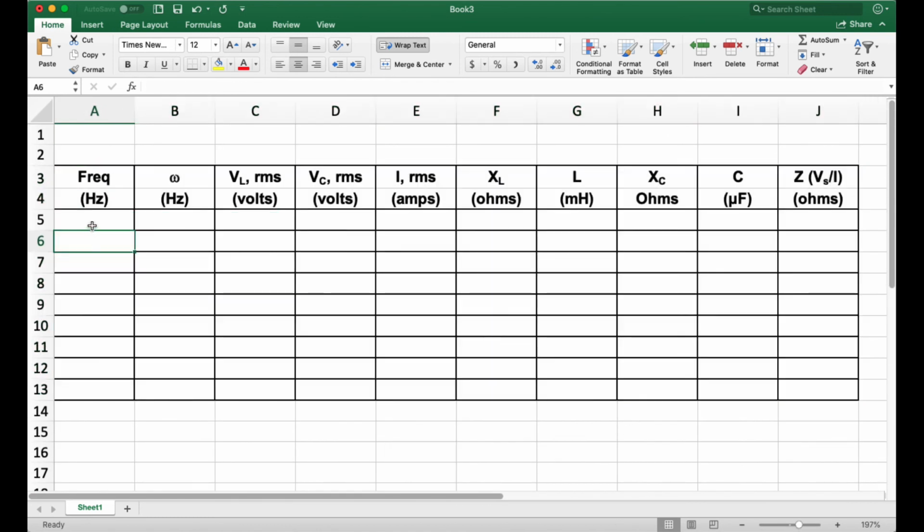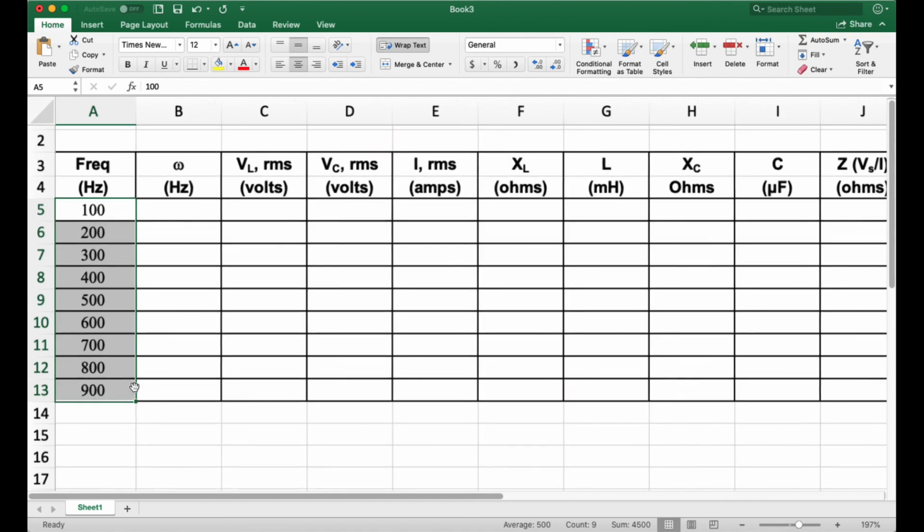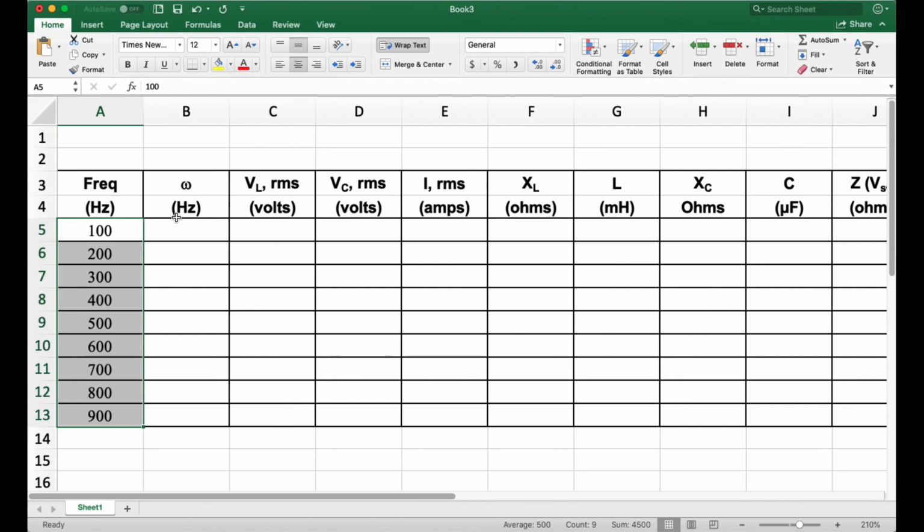Let's say we have some frequency value, 100. Hit return, 200. If I went 100 at a time, I can highlight these two cells and just drag the right-hand corner downward, and I have all the values. Now I want to calculate omega.